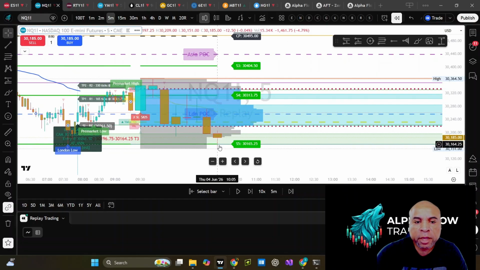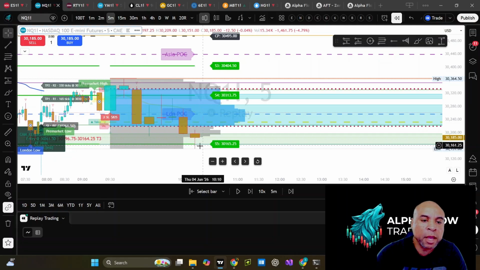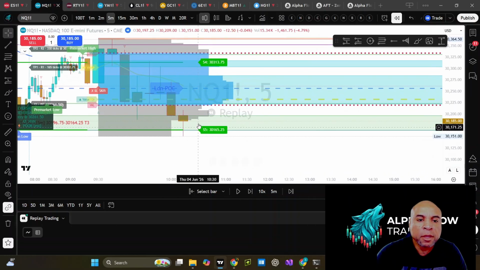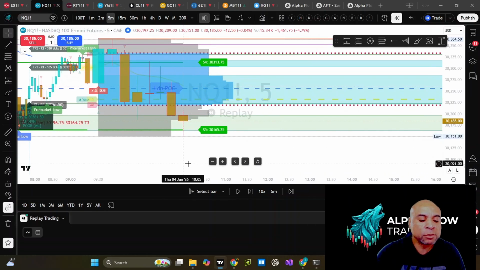This first candle here that did reject off S5, it's a good start. It's a good looking candle. It's a pin bar type candle, shooting star type candle. Those are the type of candles that you want to see forming at your S levels, right? So let's continue to play this out.